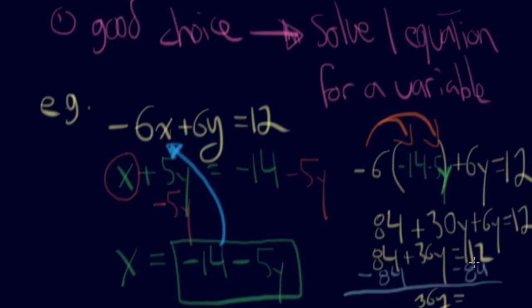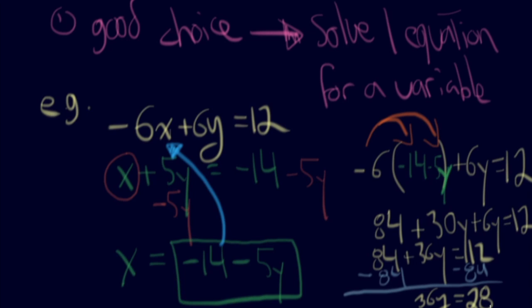What's that going to be? That's going to be a tough one. I also have to go and grab my calculator. 16 and 12, so 28.